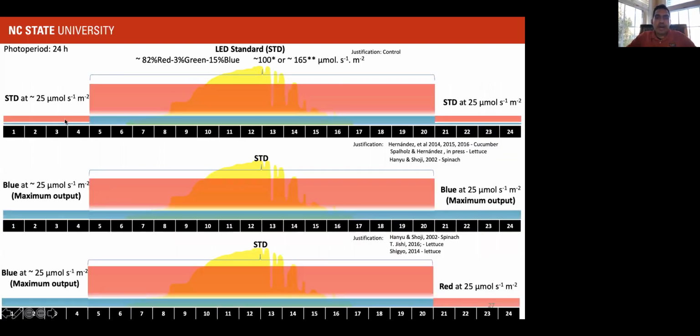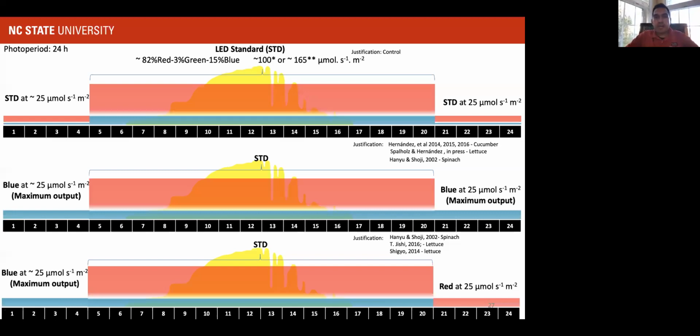On the black rectangle, you have the hours of the day, 24 hours. Then a standard recipe, as we call it: your standard fixture. In this case, it was a commercial fixture that had red, blue, and white dials. And we had that on together with the sun, which is the white, yellow spectrum in the back.